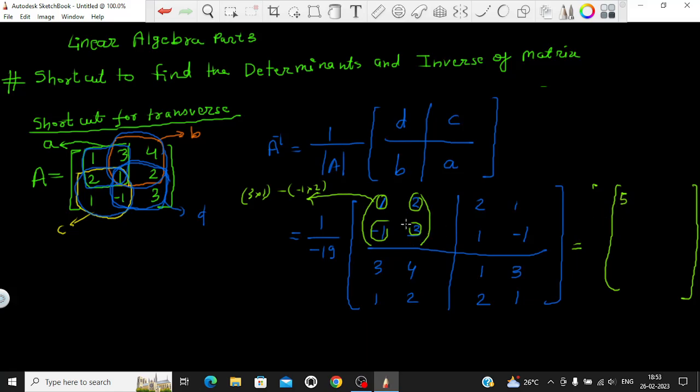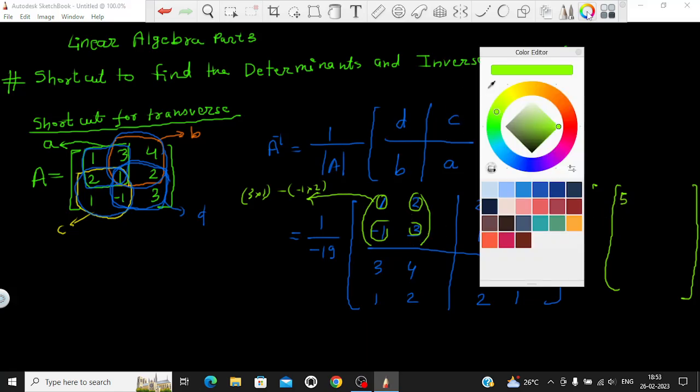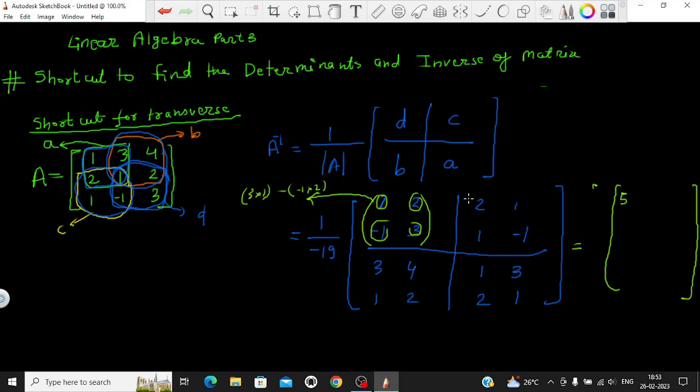Now consider these 4 values and calculate the determinant of these 4 values. How do you get it?